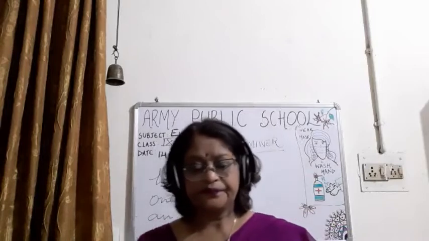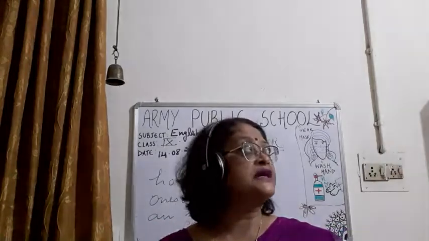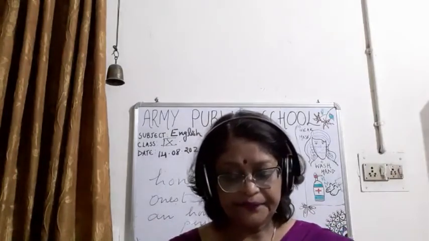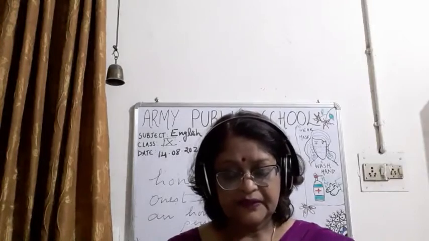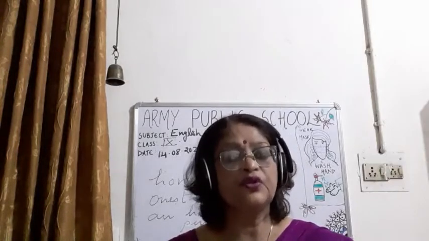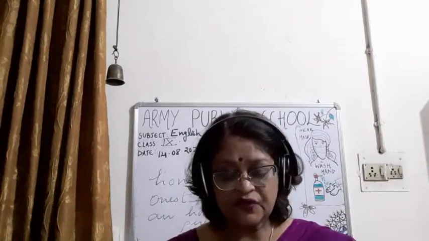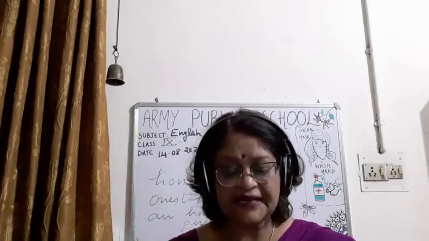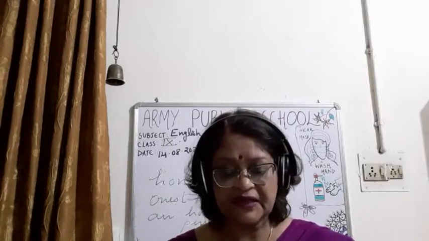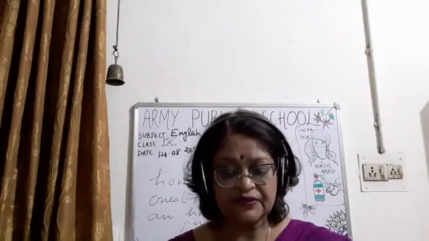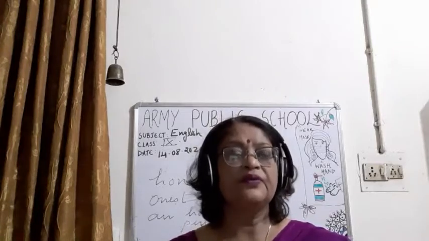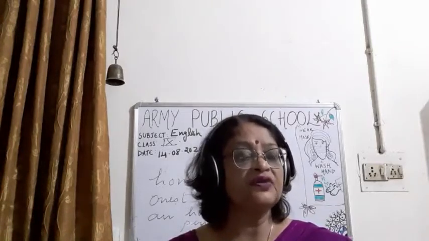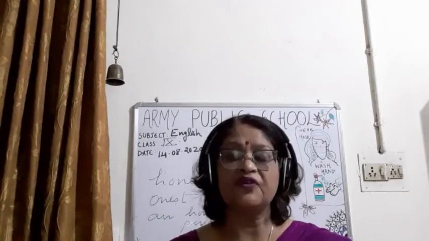Now children, rule number 2. We use an before words which begin with a vowel sound. I told you an is always used before a word with a vowel sound.